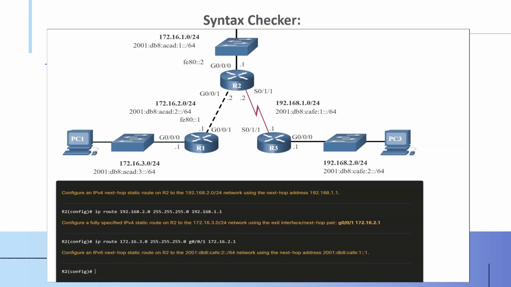And then we will go and configure the IPv6 static route for the IPv6 network in router 2 to reach the network that is connected directly at router 3 by using the next hop address, which will be the IP address of the serial 011 on router 3.